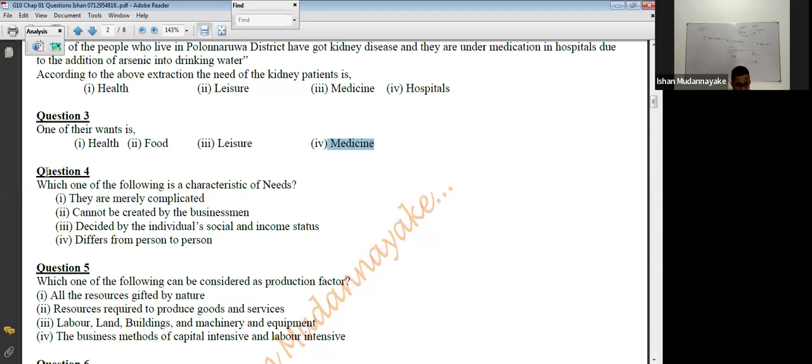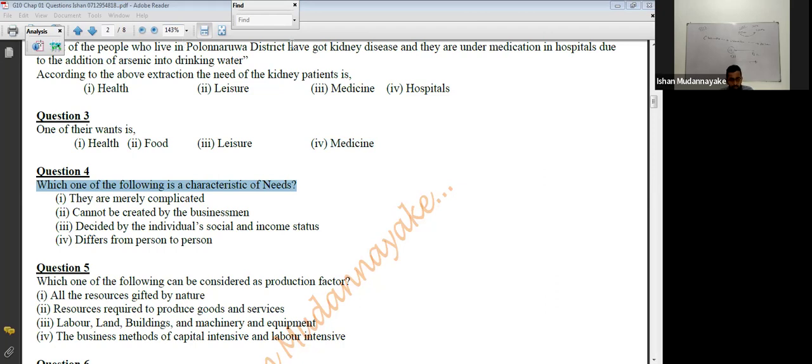Look at question number 4. Which one of the following is a characteristic of need? Now what's the answer for question number 4? Yes, Rehan correct. Soni correct. Nilupuli yes. Abdullah correct. Himaya, what's the answer?